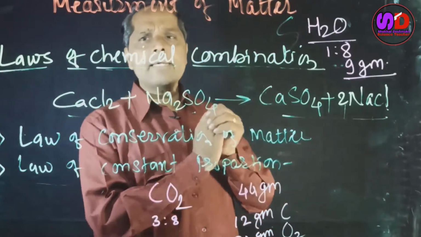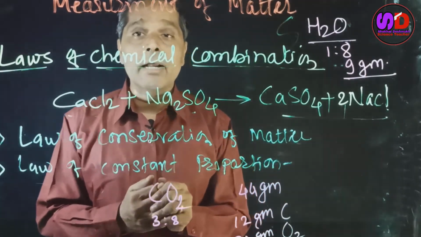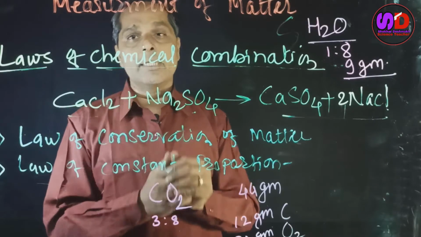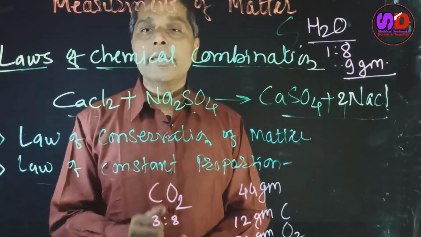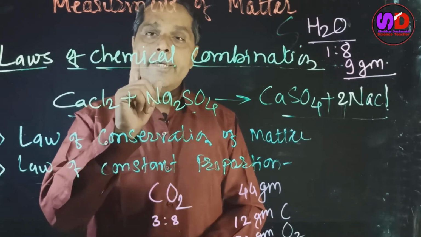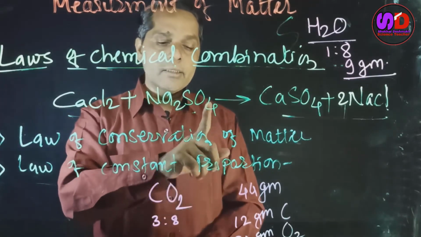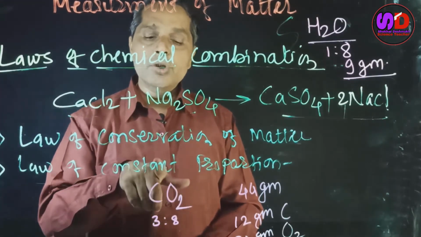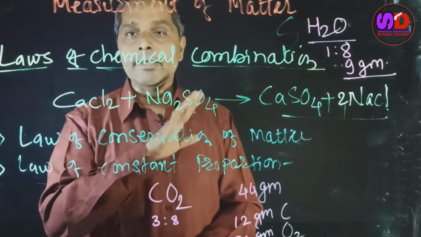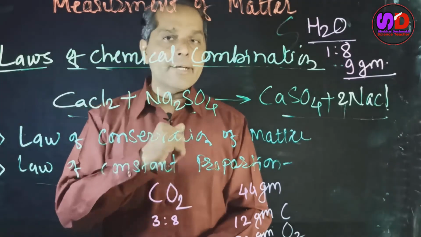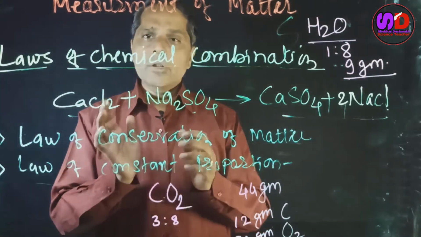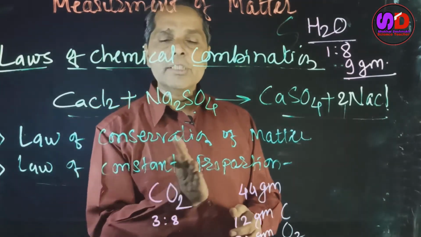So we are taking carbon dioxide from 3 sources, and if we check the proportion of carbon and oxygen in each case, each time we get 3:8. Carbon 3, oxygen 8. So this is nothing but the law of constant proportion.